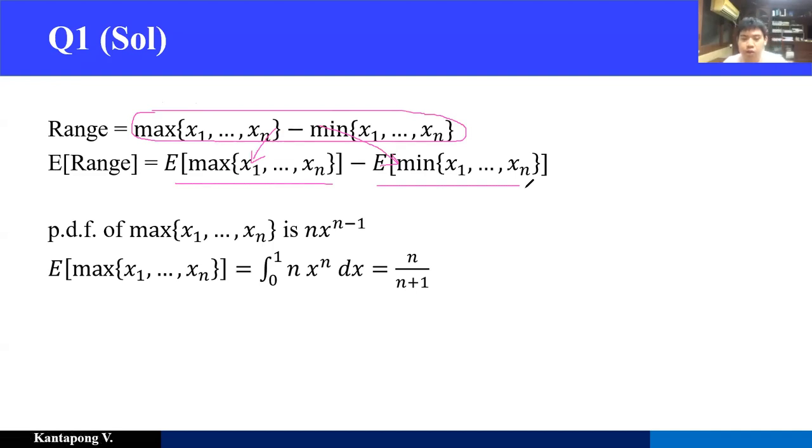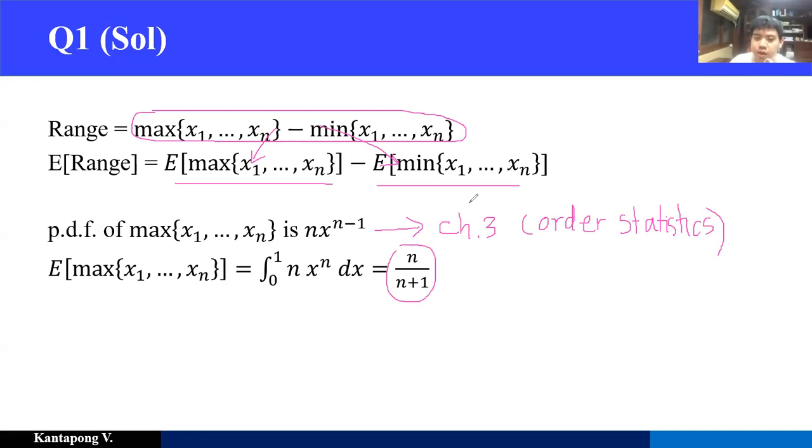The PDF of the max is n x to the power n minus 1. This comes from the concept in chapter 3, the order statistics. If you cannot remember this, please go to that topic. So for the expectation of the maximum, we multiply by x, and we get this number.